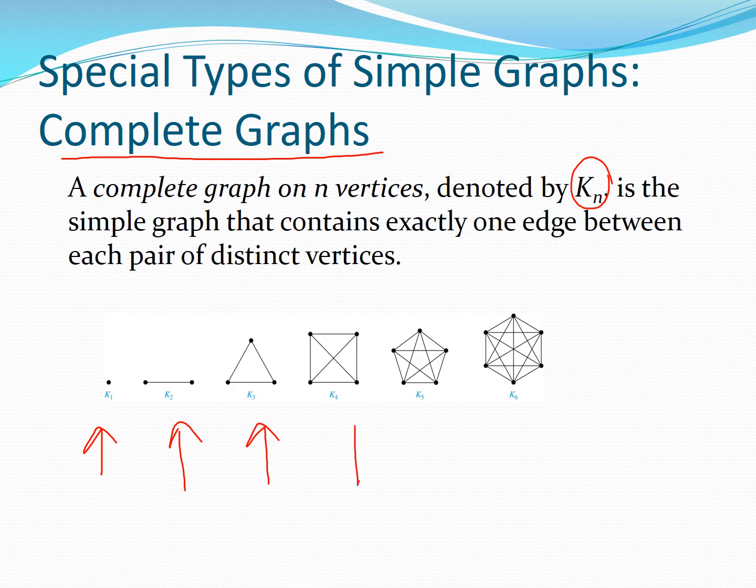Here you have K4, K5, and K6 with 4, 5, and 6 vertices respectively, and you can see that there is an edge connecting each vertex to every other vertex in these graphs. So this kind of graph is called a complete graph or a completely connected graph, and it's denoted by the letter K sub n, where n represents the number of vertices in that graph.